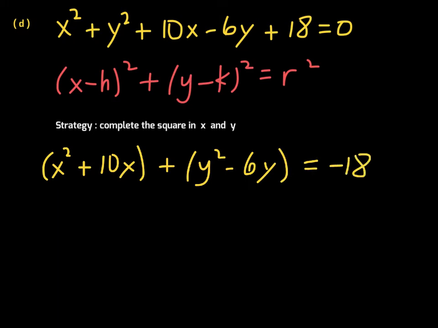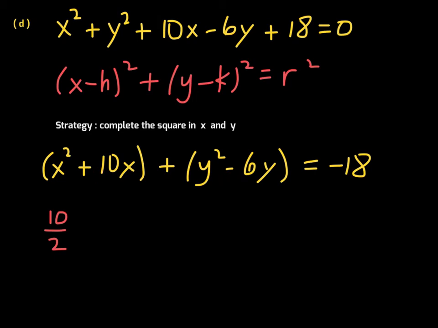Now I want you to complete the square in x and y. Let me remind you how that goes. This is where you take half of 10. It's really half of the coefficient of the first degree term. This term here is first degree because the power right here is assumed to be 1. Take the coefficient only and divide by 2. Same thing over here, negative 6 divided by 2.